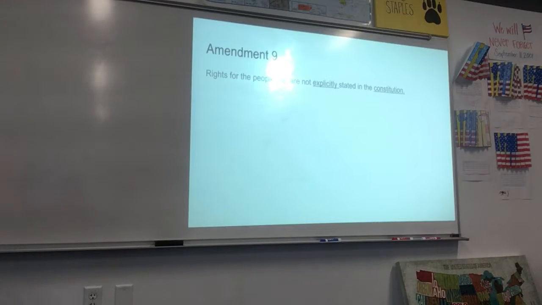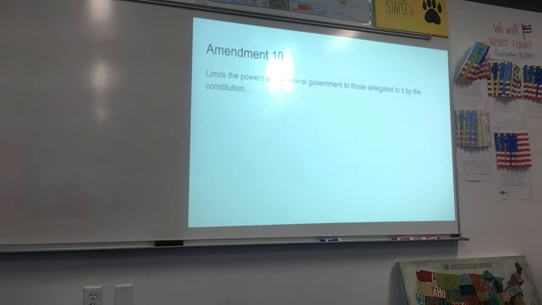We have one more amendment note that we're going to do. Not explicitly stated in the Constitution. Okay, and one more.